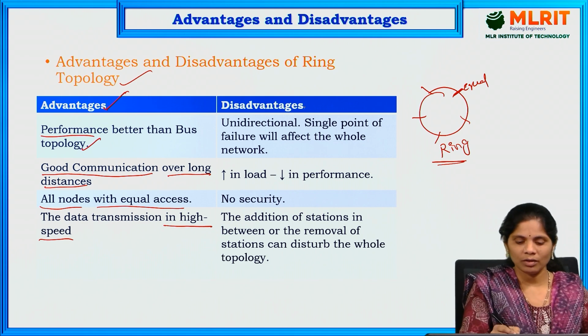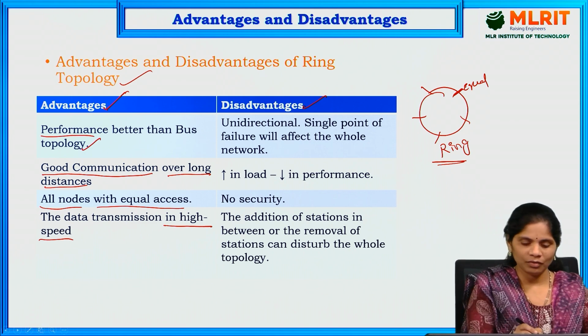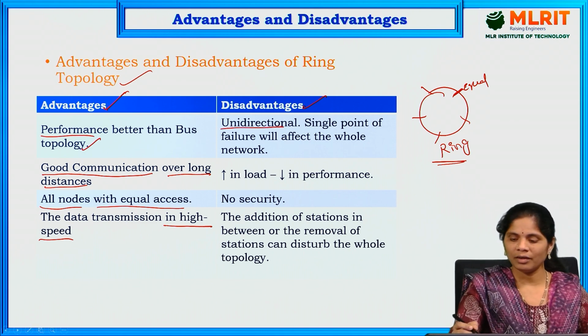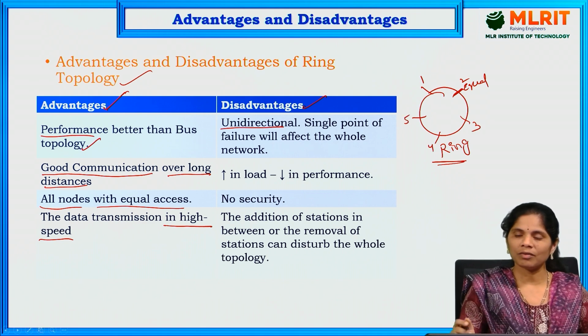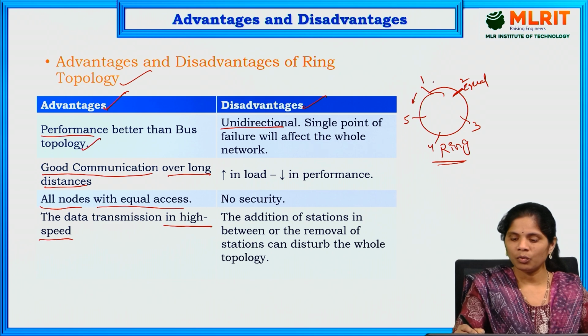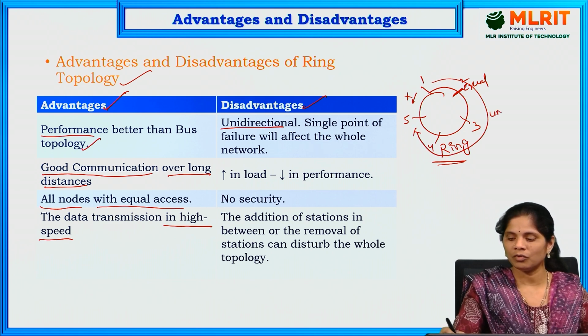And coming to the disadvantages, the first one is unidirectional. I already said here devices are 1, 2, 3, 4, 5. These are the 5 devices. If I want to transfer the data from 1 to 5, you can transfer like this only. We can't send directly because it is unidirectional. This is a disadvantage in ring topology.